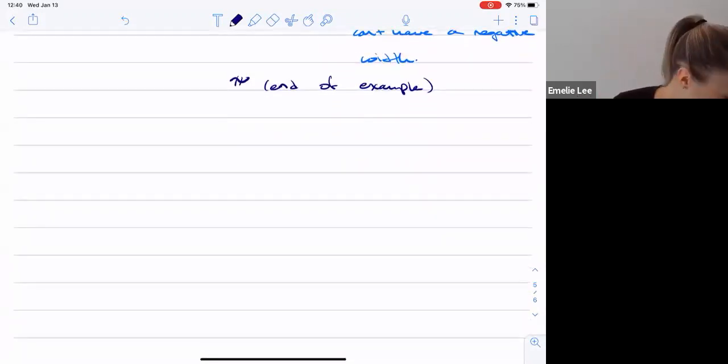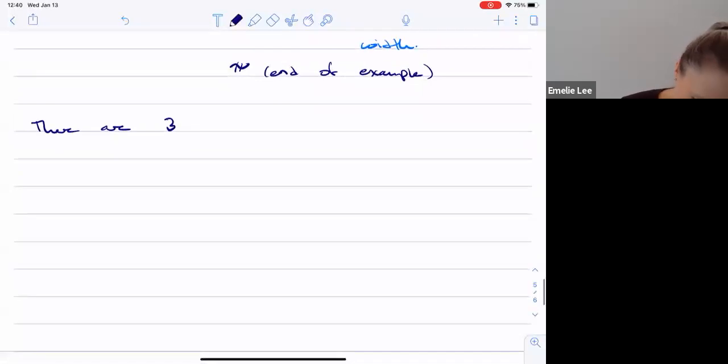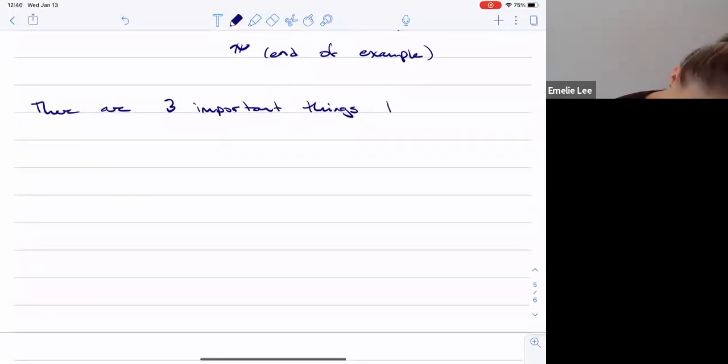Example 6. So there are 3 important things to remember about the domain of a function.